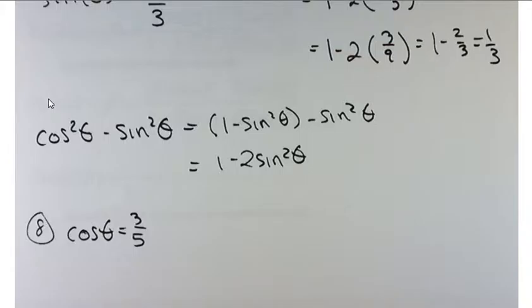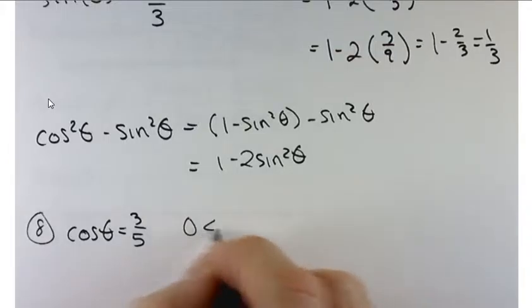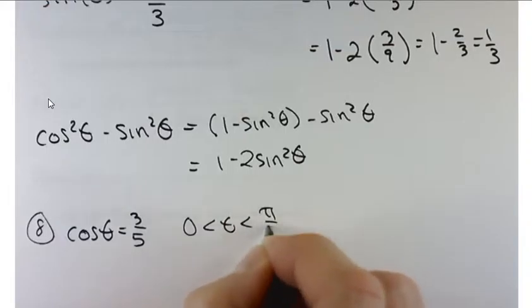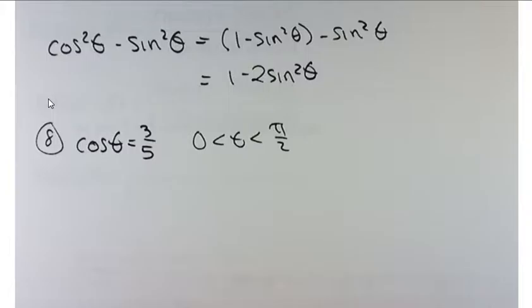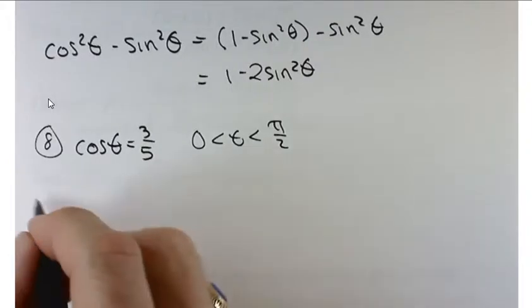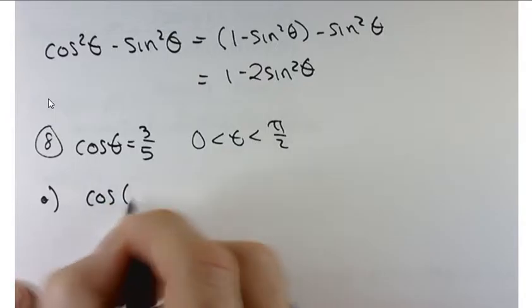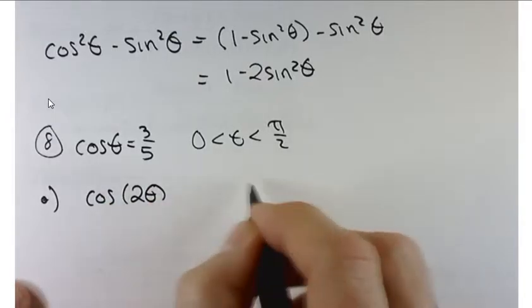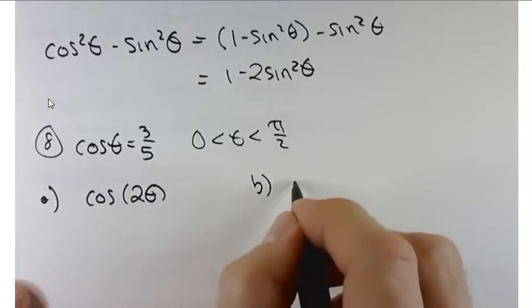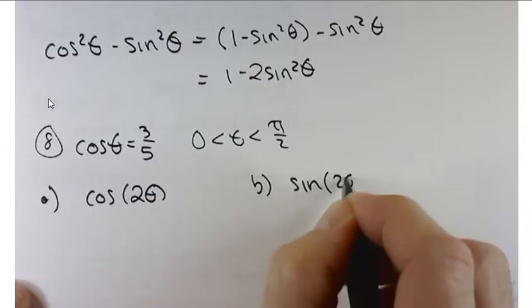Theta is an angle in the first quadrant, so 0 less than theta less than pi over 2. Let's find two things. Let's find, first of all, cosine of 2 theta, and then find sine of 2 theta.